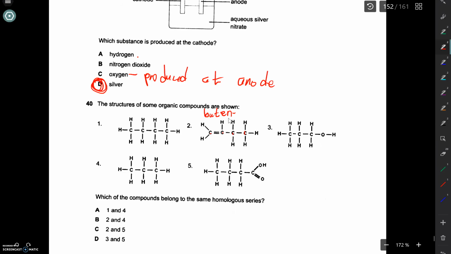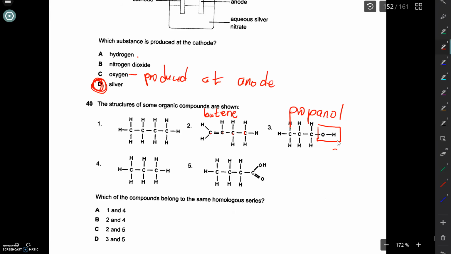But because it has 4 carbon atoms, and ene because it has a double carbon to carbon bond. This one here has 1, 2, 3 carbon atoms, and it has the alcohol functional group. So this is propanol. Prop because it has 3 carbon atoms, and anol because it has the alkanol functional group, which is this OH here.